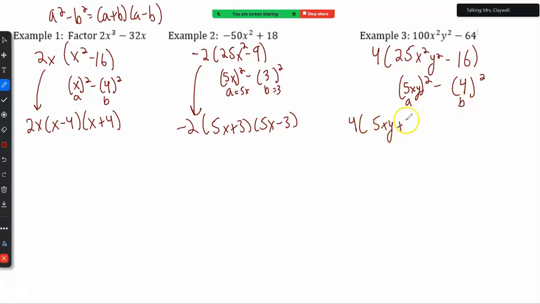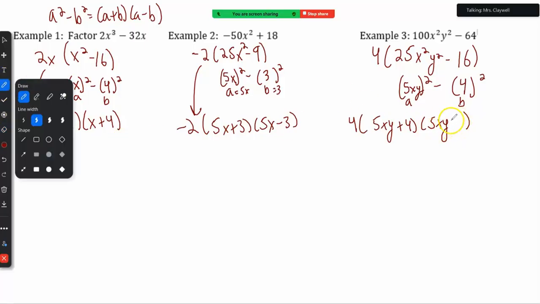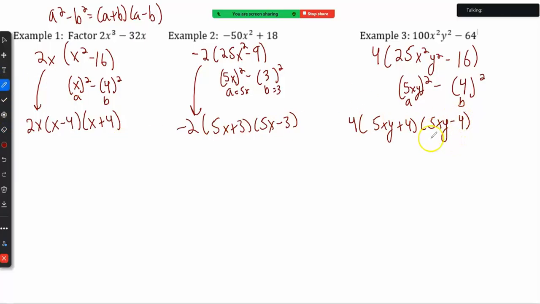So I do a plus b, a minus b. If I did those in a different order, that's okay. It doesn't matter if you do the a plus b first or the a minus b first, as long as you have both of those factors there.